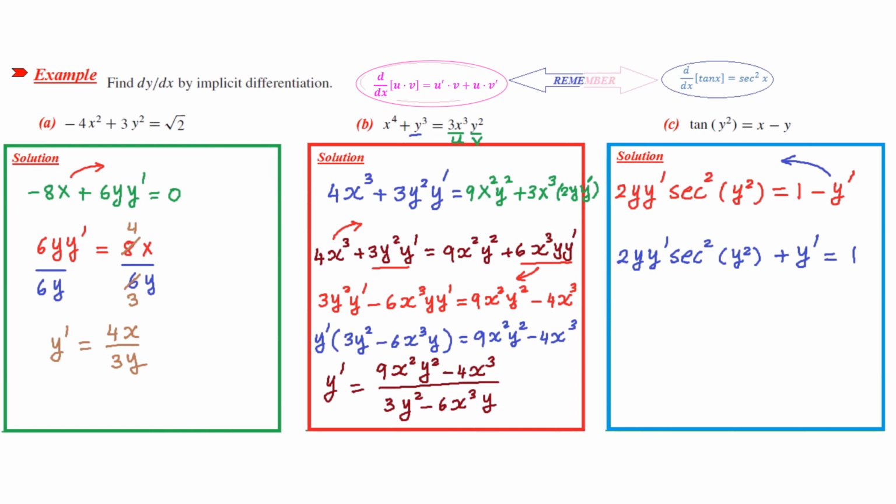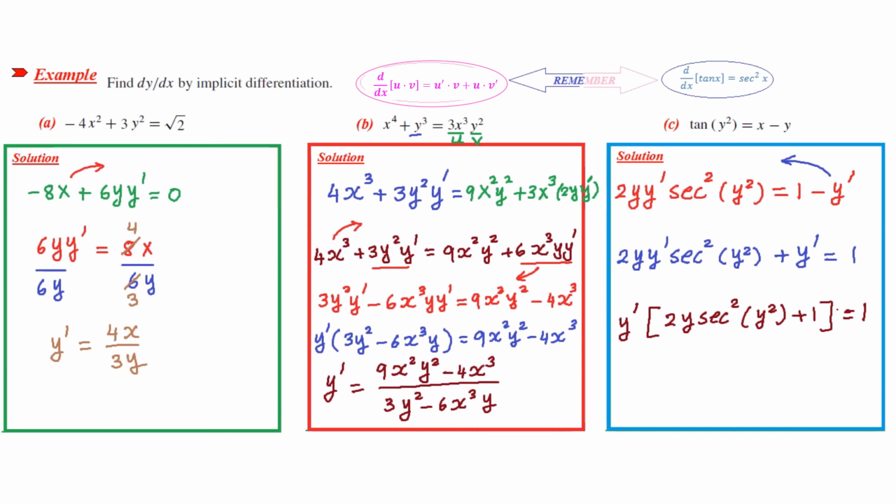Then you have to take out y prime from the left hand side, and you will get y prime times 2y secant square y square plus 1 equals to 1.